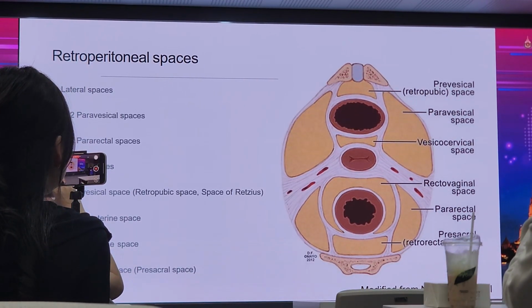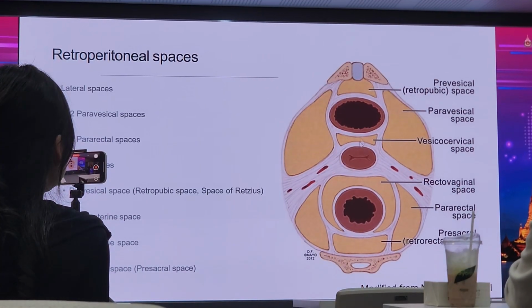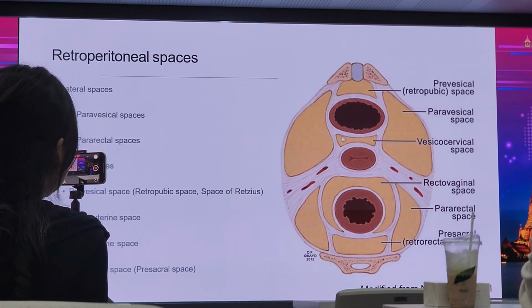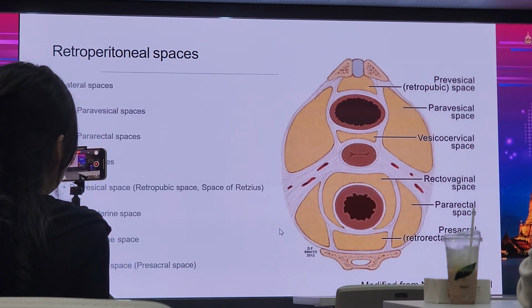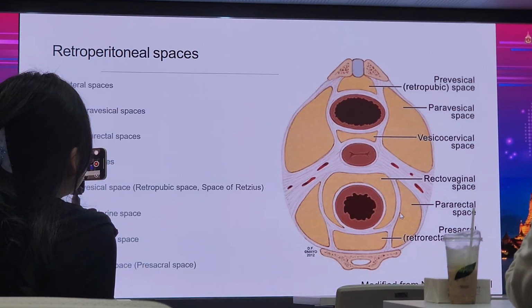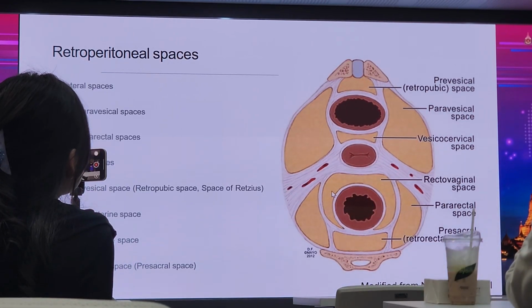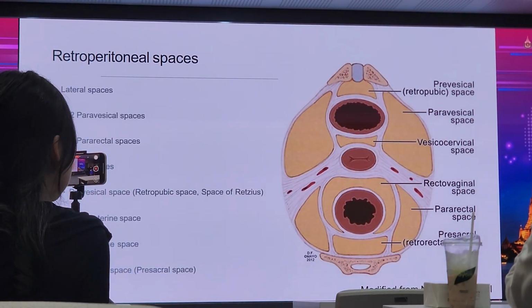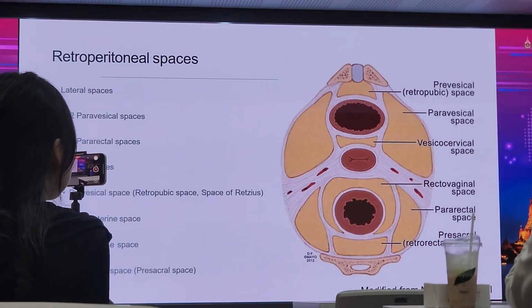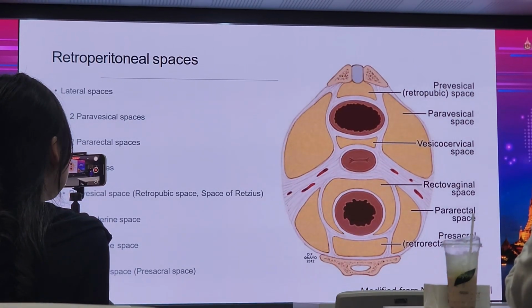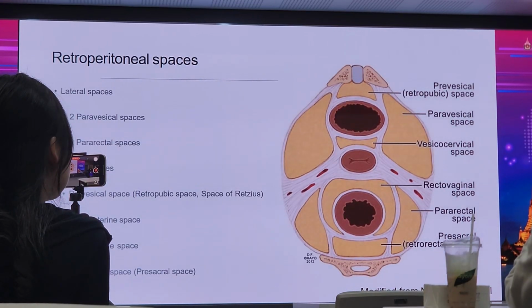Like the paravesical space is next to the bladder, which is the vesicle, and the pararectal spaces are next to the rectal area here. Actually, these spaces are loose and avascular spaces. So it helps, as you can notice that the pelvic organs can all enlarge: the bladder can enlarge and then empty, the rectum also, and the uterus also.